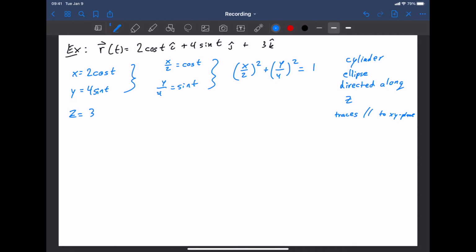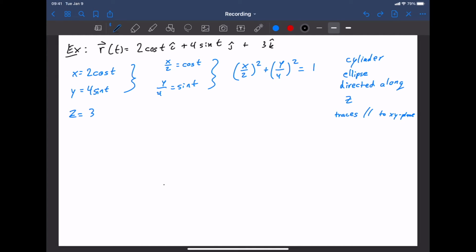So what we're going to have here is a cylinder. And in this case, we do mean the traditional kind of cylinder, not a parabolic cylinder, but a real straight up cylinder. And what's it going to do? It's going to just float at a specific spot. That's what the z is doing in this case.